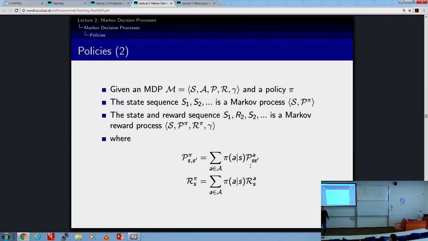And as soon as I do that, I've taken the actions out of the whole problem again, and I'm back to an MRP, and I know how to solve MRPs and assign value functions, etc. Okay? Any questions about this? So an MDP plus a policy can be turned into an MRP.